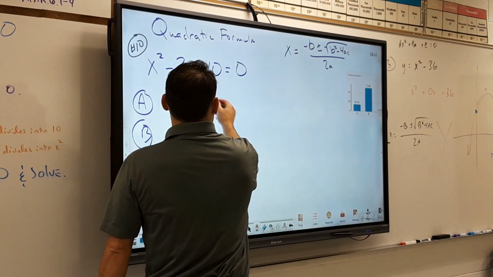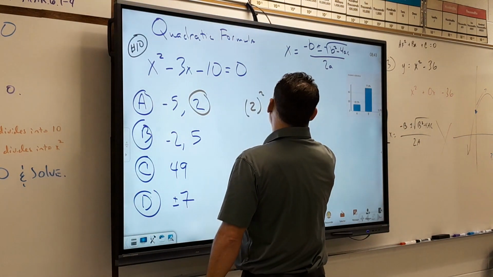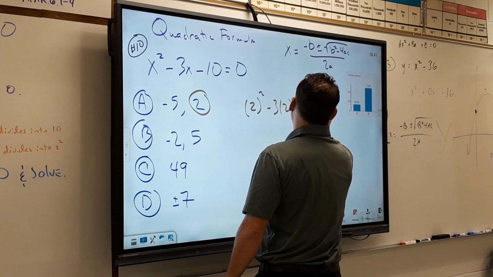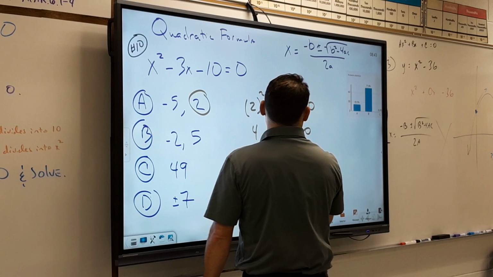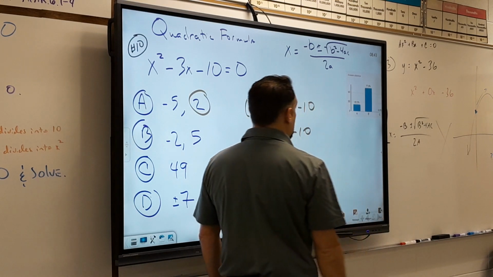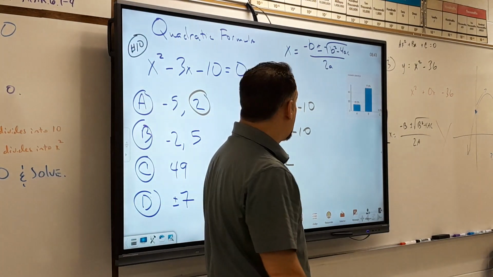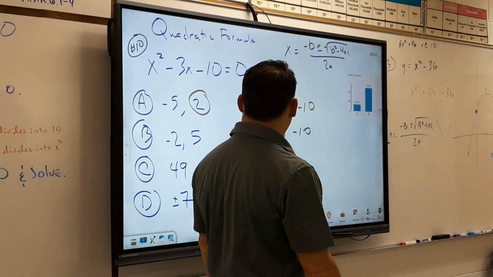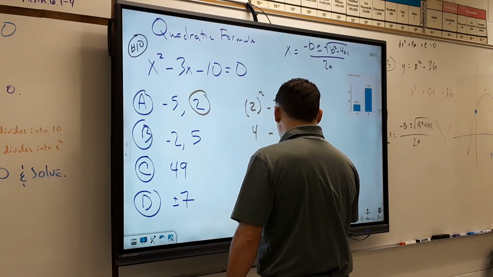A lot of people picked A. Okay, let's try 2. 2 squared minus 3 times 2 minus 10. That's 4 minus 6 minus 10. That's negative 12, not 0. One quick check in your calculator would let you know if your answer was right or wrong. We gotta be a little better.